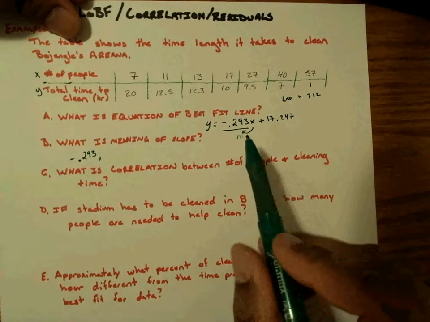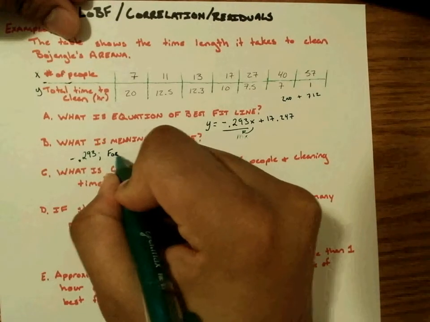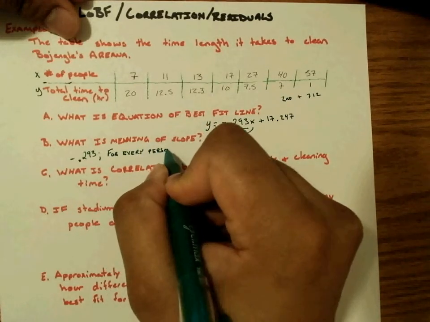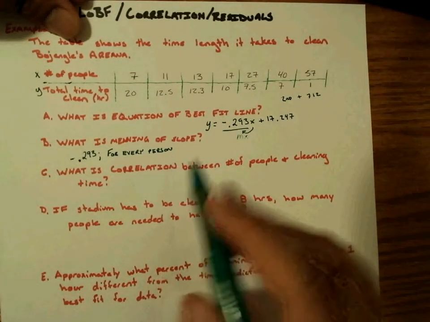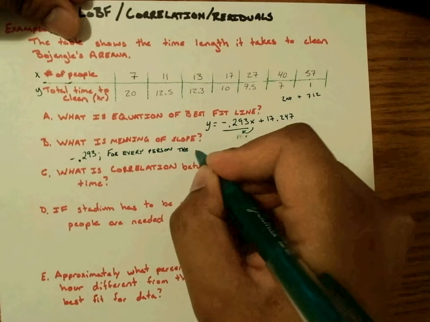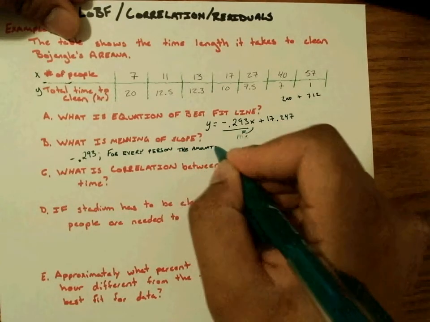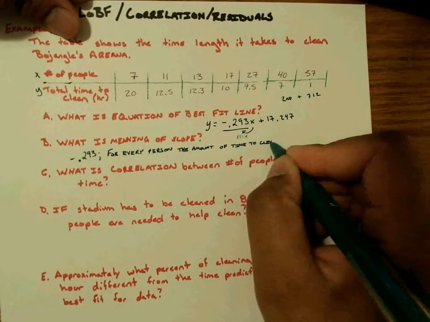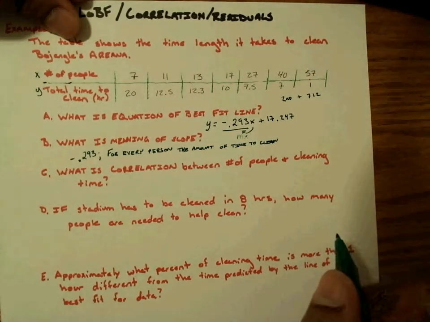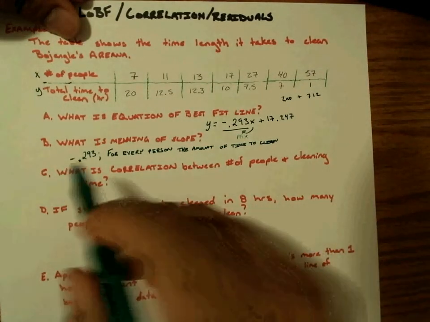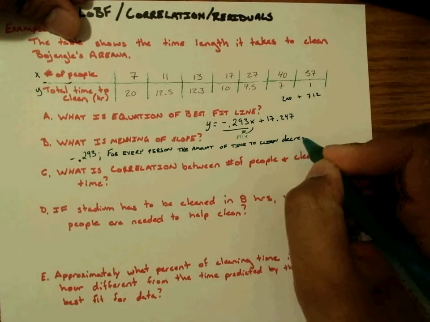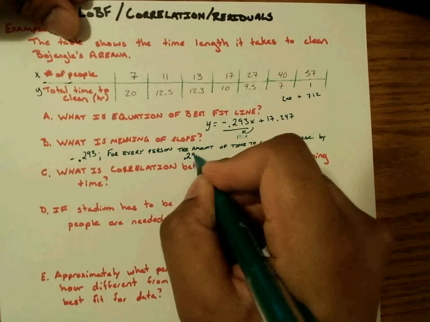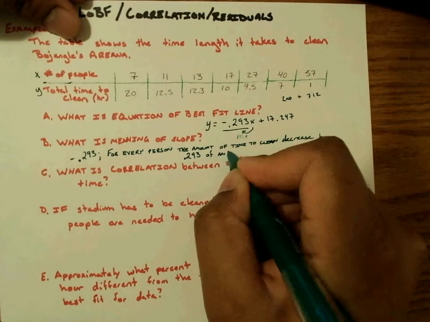What that tells me is that for every person, the amount of time to clean will decrease by 0.293 of an hour.